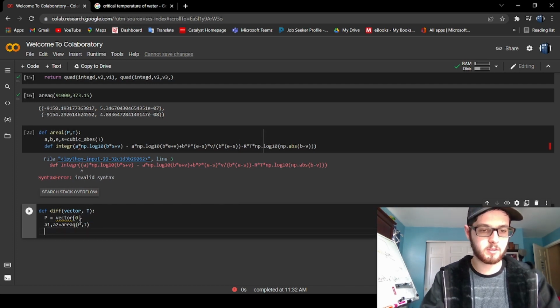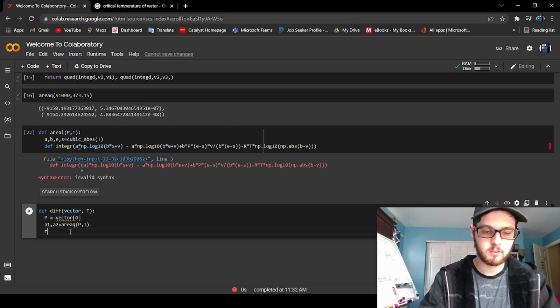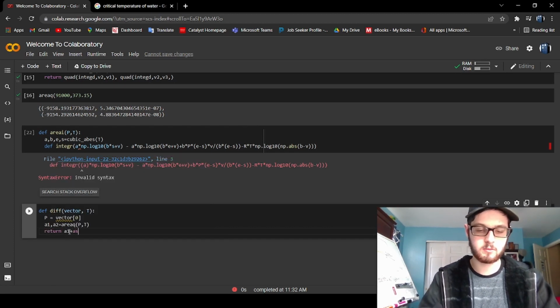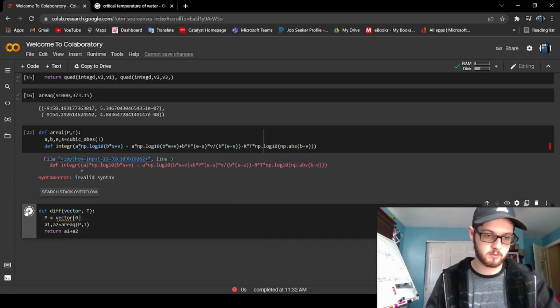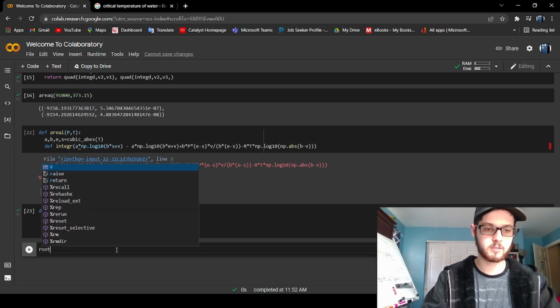It's defined right above. Return a1 plus a2, considering a1 is going to be negative. Then run this, and then to test, we need to solve it with root.